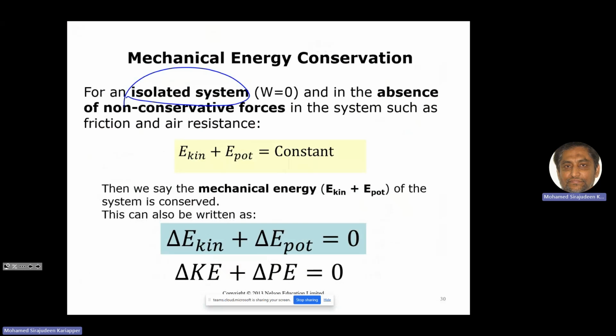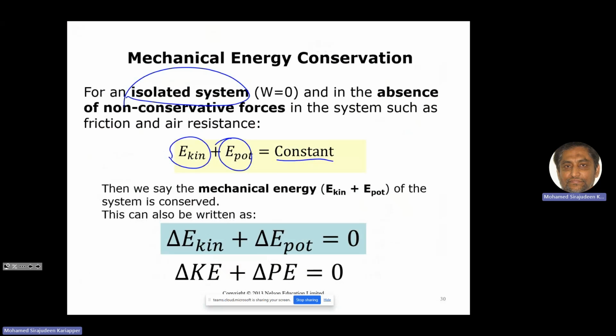So we can put it in this manner: kinetic energy plus potential energy is a constant. In an isolated system, if it has a certain value at some initial point, it should keep the same value no matter what happens, as long as it remains an isolated system.